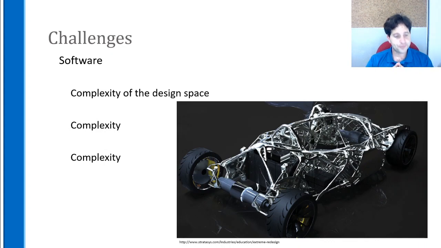But think about the amount of options you can have now for basically the same cost of manufacturing. And there's no way that a human could have designed such a structure to be strong and very lightweight.